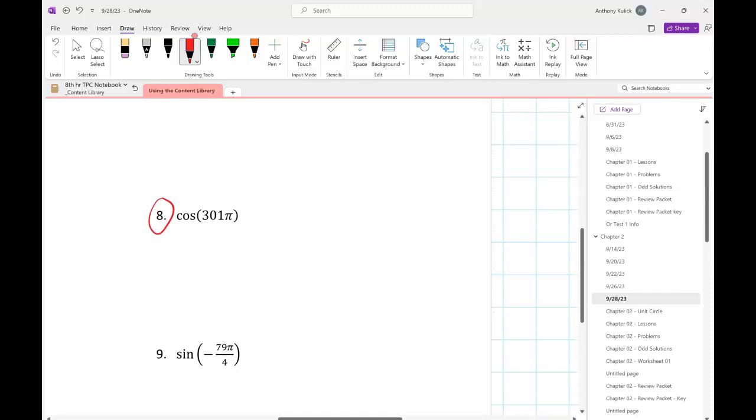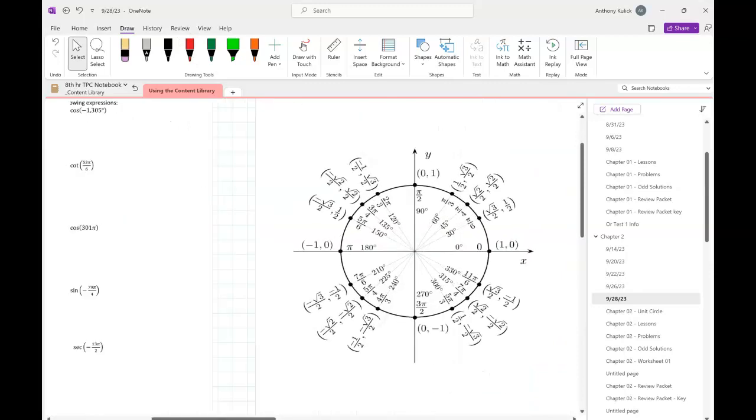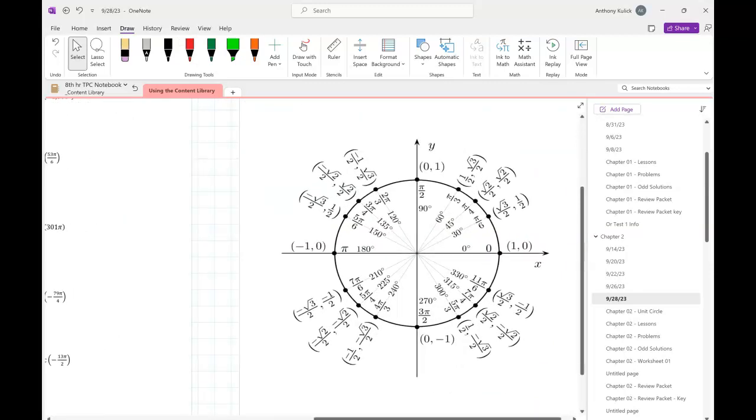So we're going to start by looking to see if we can find 301 pi on our unit circle. How's that work out for you, Lexi? The biggest we go up to is 11 pi over 6, or back here again would be 2 pi. Uh-oh. Not in there, right?